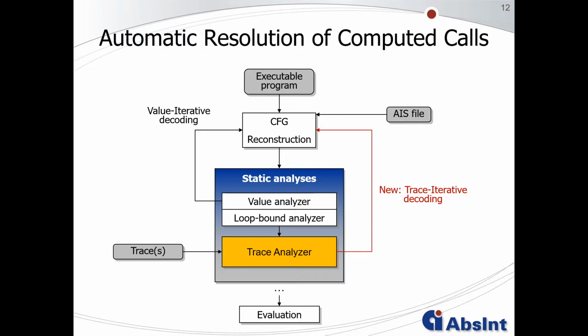If this is not the case, you will get trace coverage information back. You can extend call targets, of course, still by the AIS file, and you can combine them with the automatically extracted routines from the Trace-Iterative Decoding. Let's have a look at a small demo.